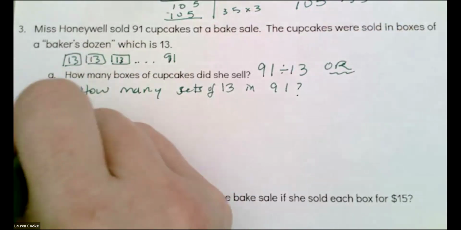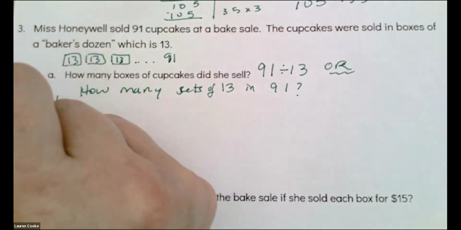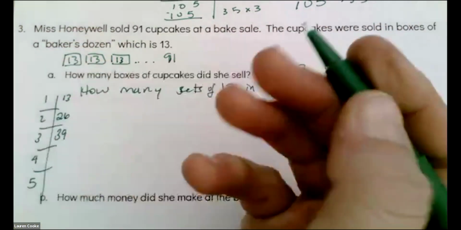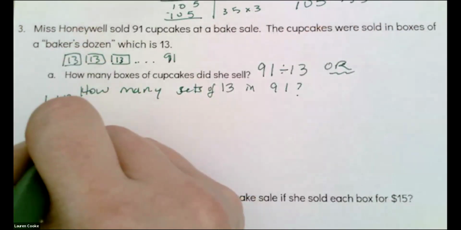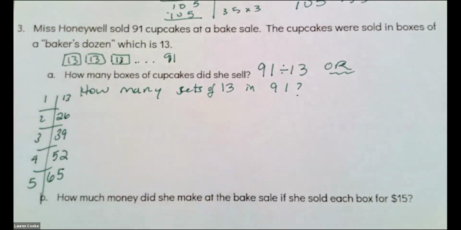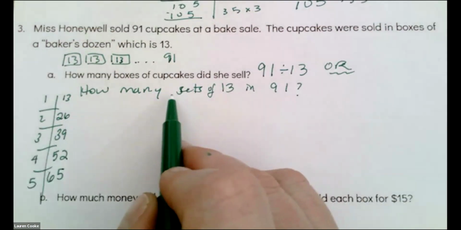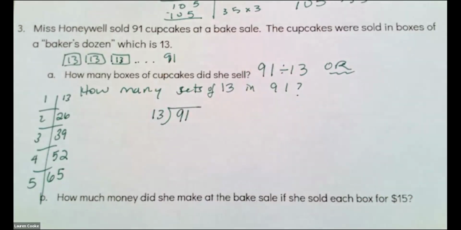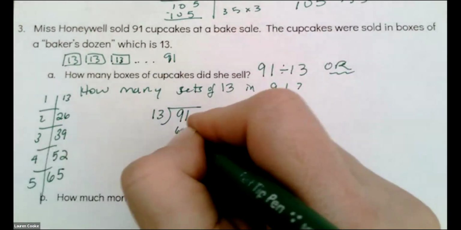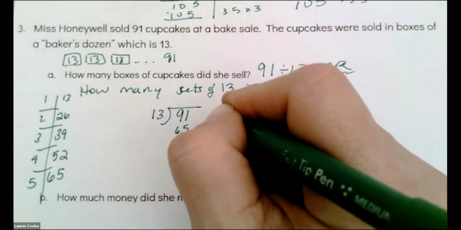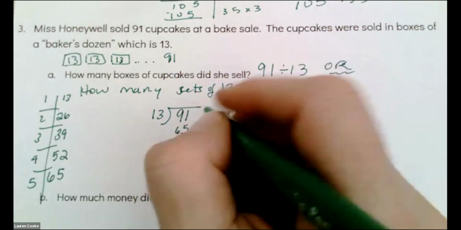Well, I immediately write multiples, and I believe all of you should too. 13, 26, 39, because I just kind of get used to it then. 52, and 65, I believe. Okay, so let's see. How many sets of 13 in 91? Well, let me take away a 65, which is 13 times 5.